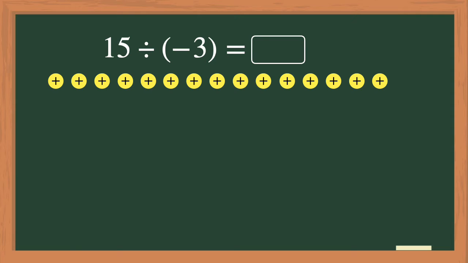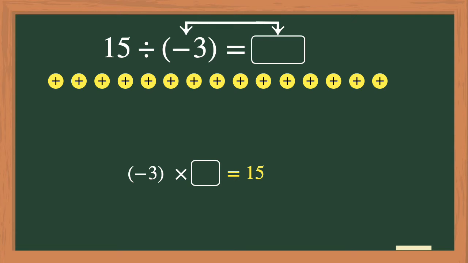First, we will need to rewrite this equation using multiplication. This will allow us to easily use the counters to solve this problem. Remember, when rewriting a division equation using multiplication, you multiply the divisor and the quotient together to equal the dividend of 15. So our multiplication problem will be negative 3 times something that will equal positive 15.